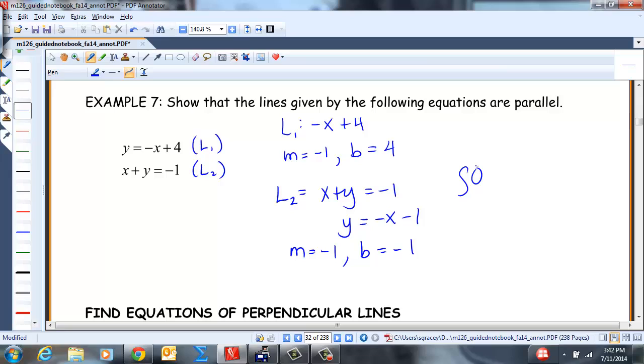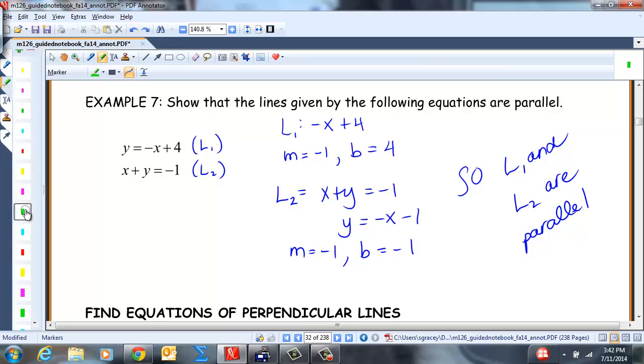So L1 and L2 are parallel. And if you wanted, you could call this, I don't want to confuse you with subscript, because we found the slopes were the same, and the y-intercepts were different.